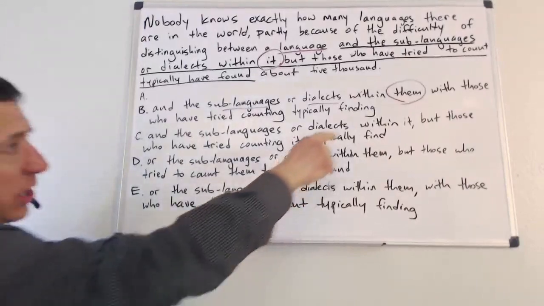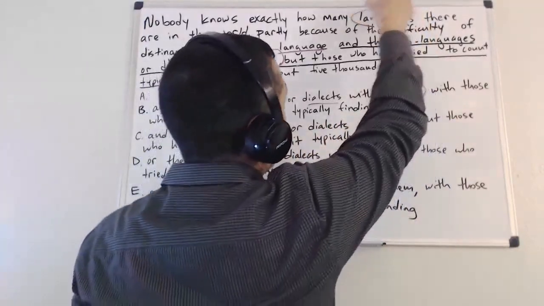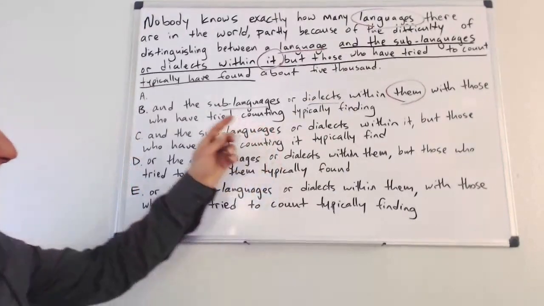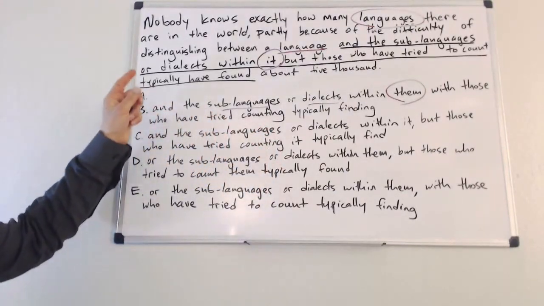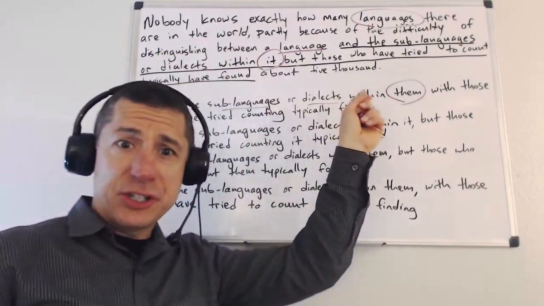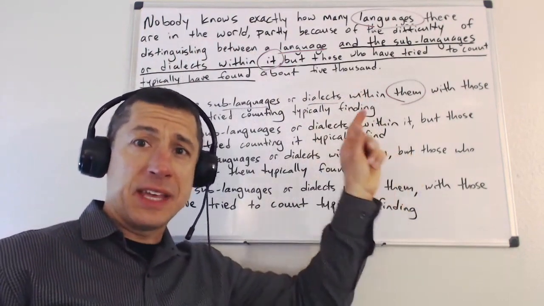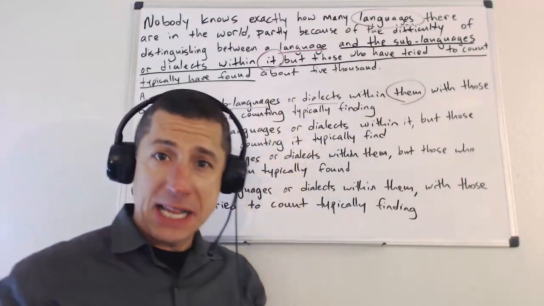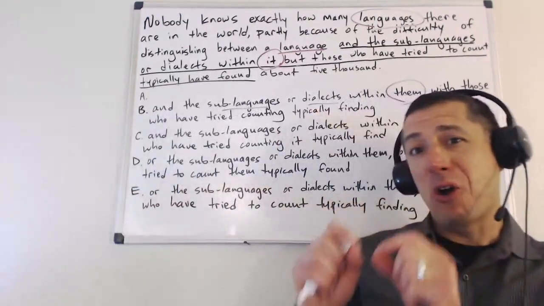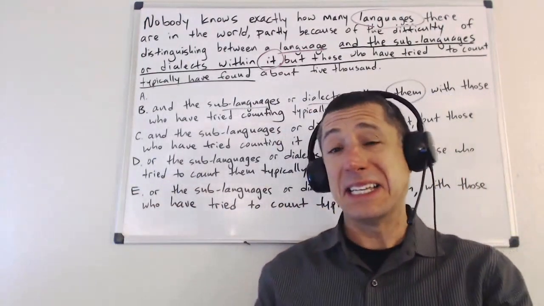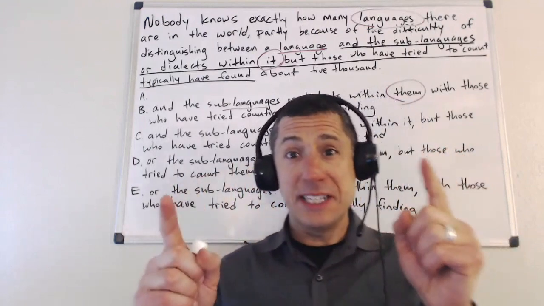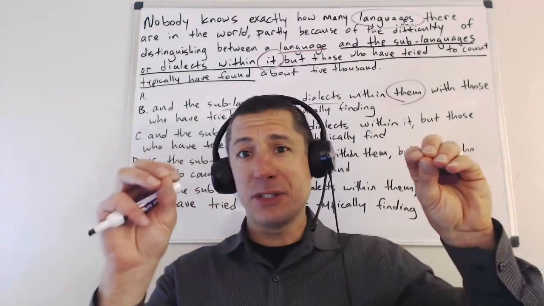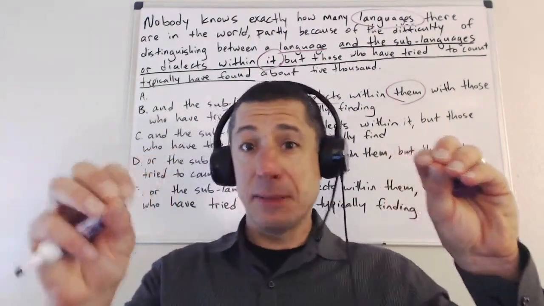Now, if you want to argue that this is reaching all the way back to languages, fair enough, a little bit dodgy, but let's think about the meaning there. Are we trying to distinguish between a language and the sublanguages or dialects within all of the languages or within that original language? What's the challenge? The challenge that's at the heart of the meaning of this particular sentence is that the struggle is trying to distinguish between a language and all of that language's own subdialects and sublanguages.